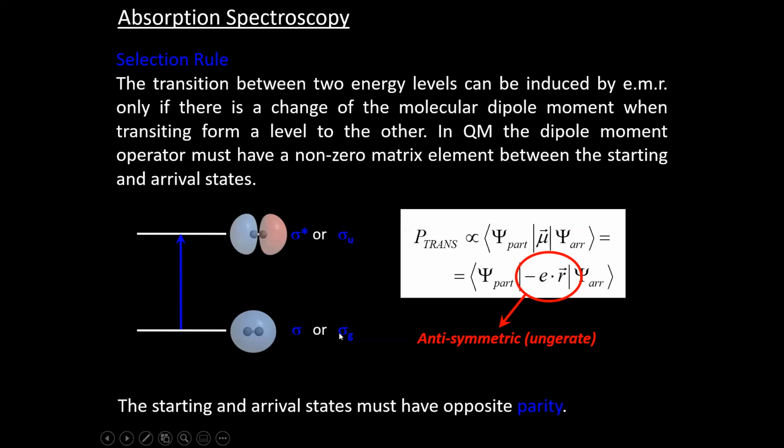So you can go from a gerade to an ungerade state, but you cannot do it between two gerade or two ungerade states. Okay? So the starting and arrival states must have opposite parity. This is the second selection rule, because the first selection rule is that the energy of the photon must be equal to the energy difference.